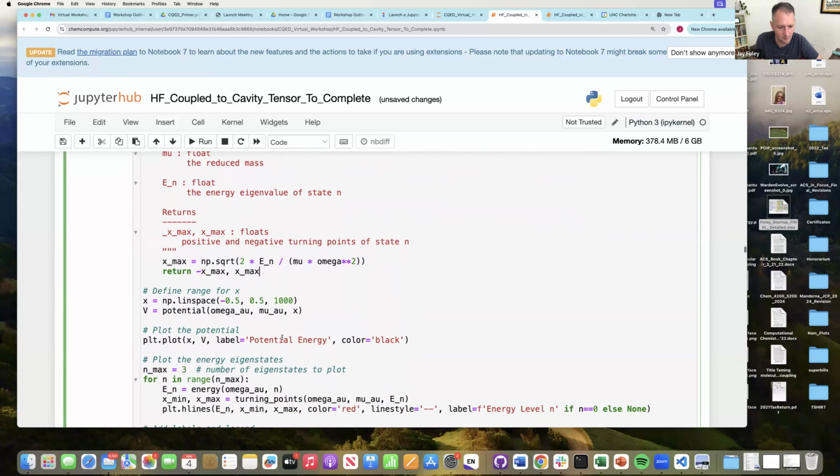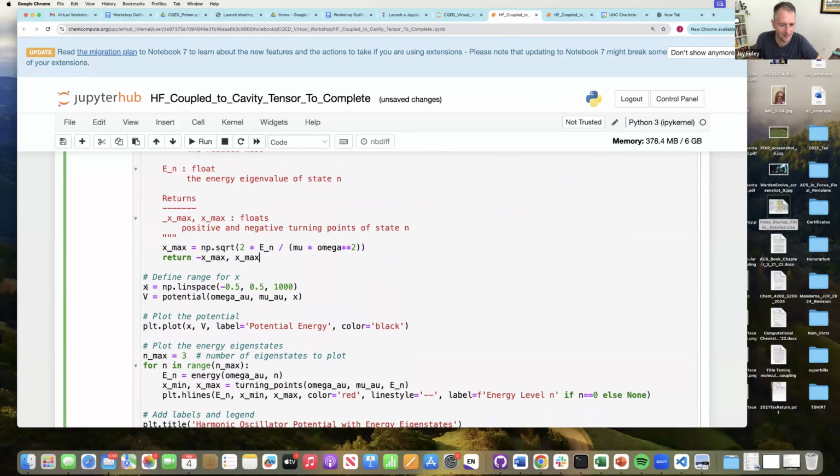Okay. And so the remaining part of the cell is actually just going to set up an array of x values. So we're going to have like 1,000 x values between minus 0.5 and 0.5 atomic units. And the 0, the center of this, will be where the equilibrium bond length is. And then V is going to be the potential.